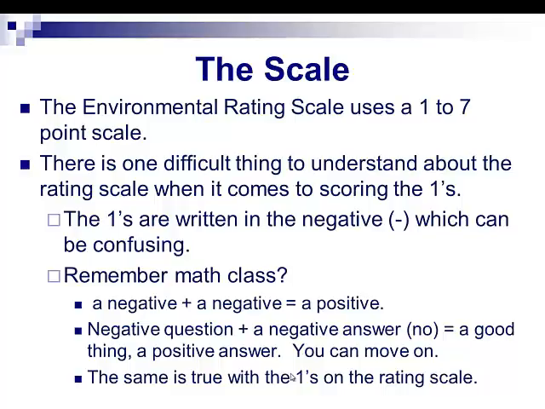That's a negative score. For the 3s, the 5s, and the 7s, yeses are good, no's are bad. Same thing with the 5s. Yeses are good, no's are bad. 7s, yeses are good, no's are bad. But in the 1s, if you get a yes, that's a negative answer. Okay? All right.